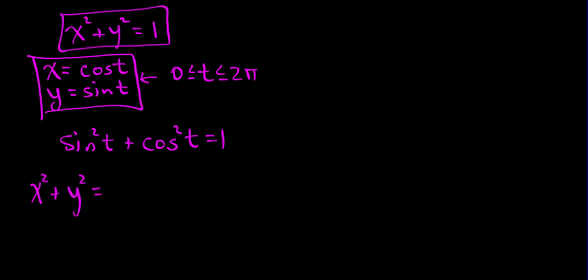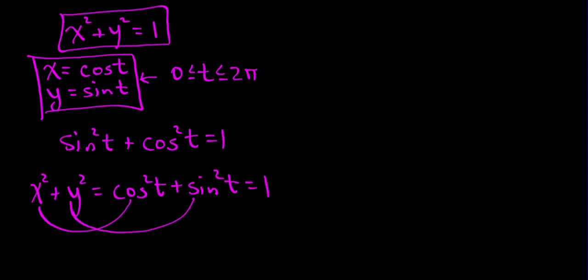X is cosine, so this is cosine squared t, plus y is sine, so that's sine squared t. And I know that equals 1. So what we have is x squared plus y squared equals 1, and we have eliminated the parameter. There, that's done.